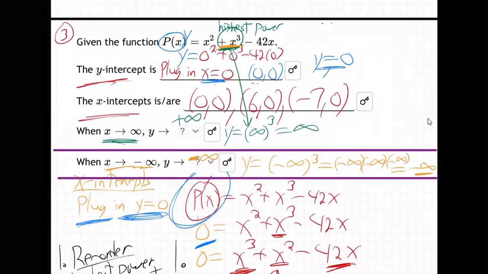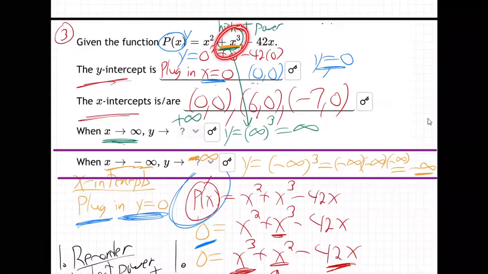So all you have to plug into, you don't have to plug into the x squared or the minus 42. Why not? Because this is the most powerful term. He's the highest power, so he's going to dominate them when you plug in really big numbers. If you're plugging in infinity, that's like 10 million, or negative, that's like negative 10 million. Those are very large numbers. And so all that's going to matter is the highest power term.